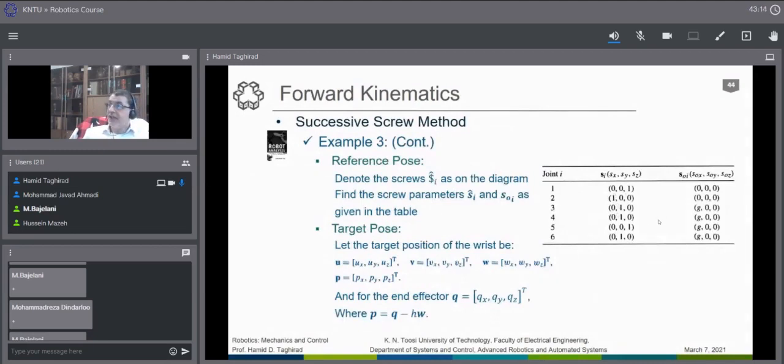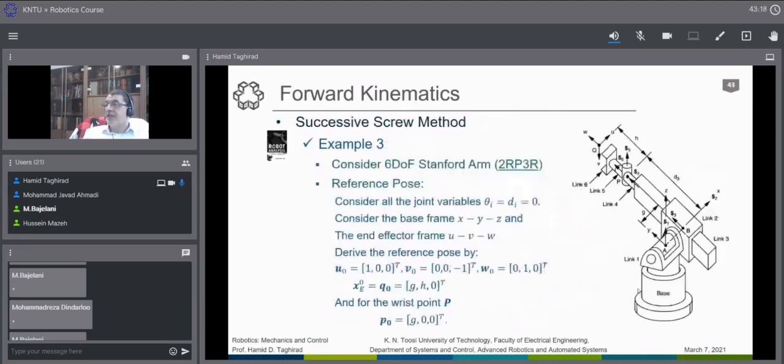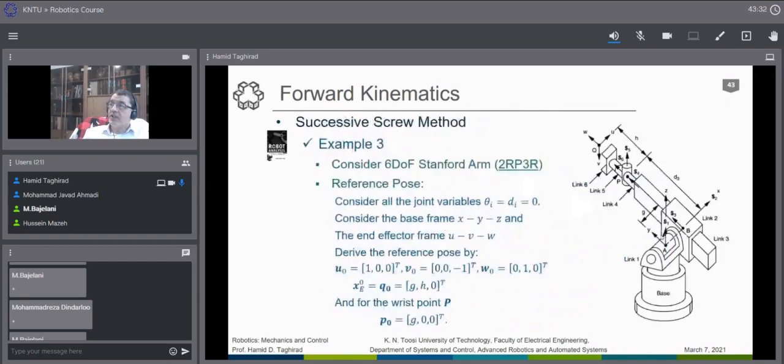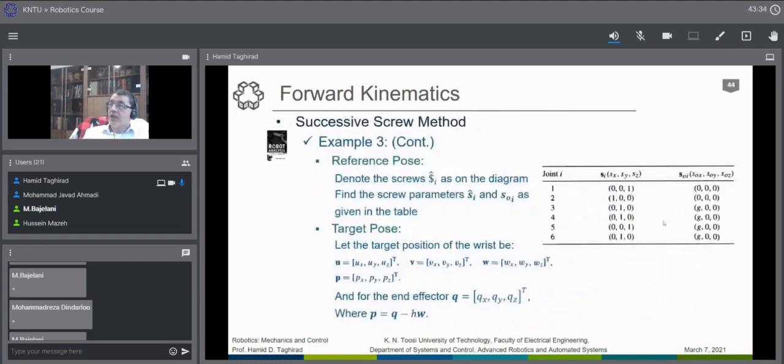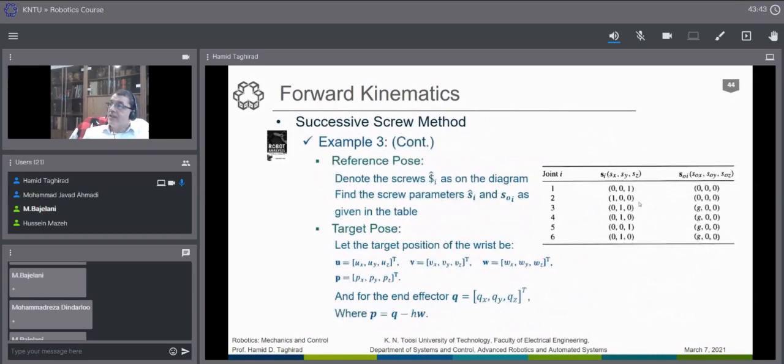We should have this figure here to see. For example, S1 or screw 1 is along the Z direction, and there is no S0. What about S2? S2 is along the X direction, and again there is no S0, no offset.